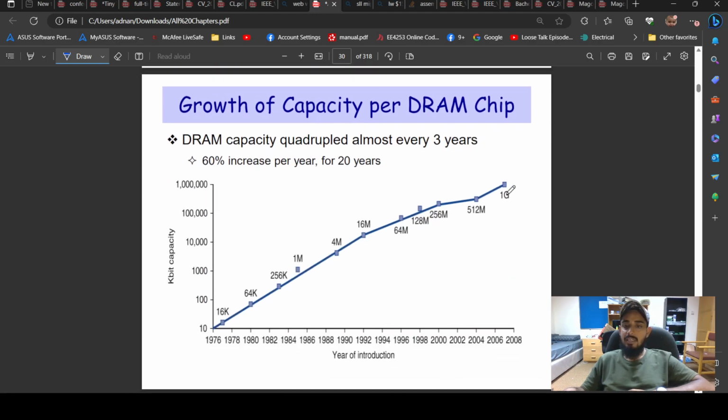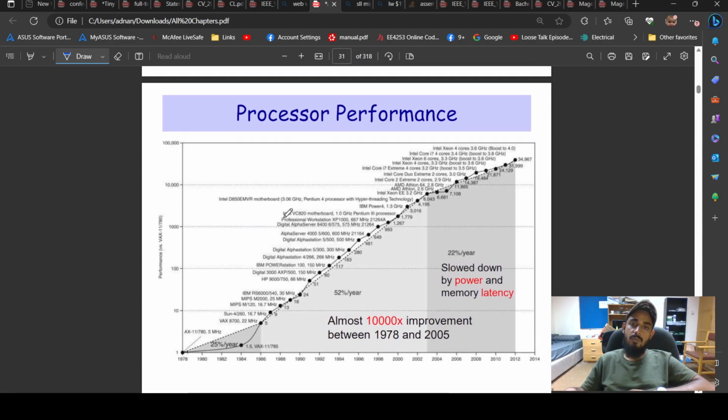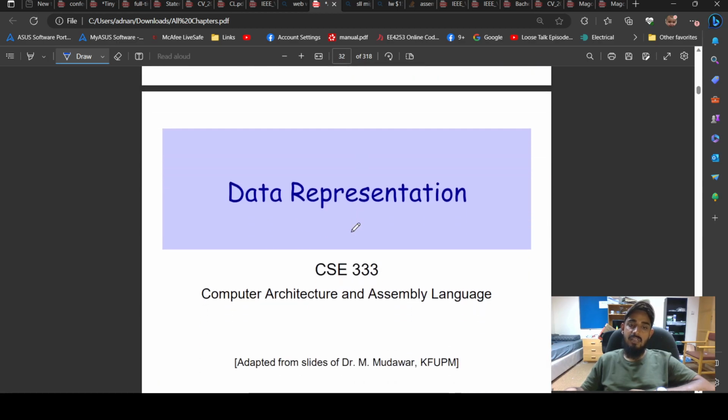We can see here in 2008 the DRAM is 1 gigabyte, but up till now, 2023, it's like 64 gigabytes. So here you can see the performance of the processor over time.